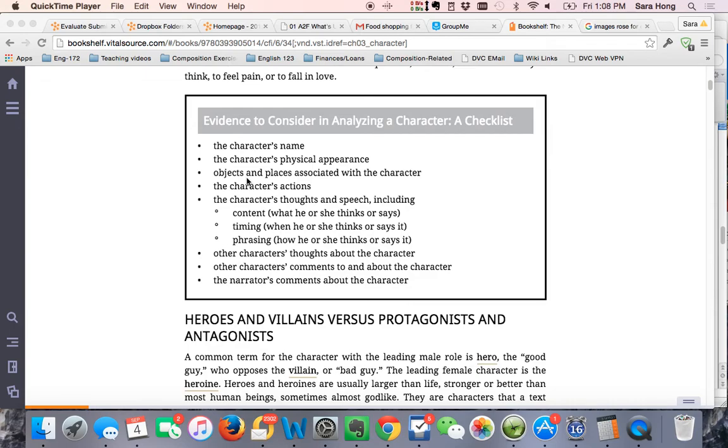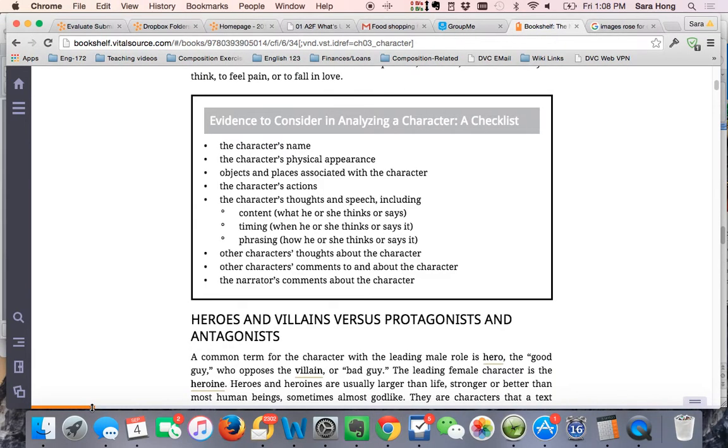Also, this question of objects and places associated with the character becomes interesting when we consider how in A Rose for Emily, she's associated a lot with the Grierson house. Let's take a look at how that's done here.